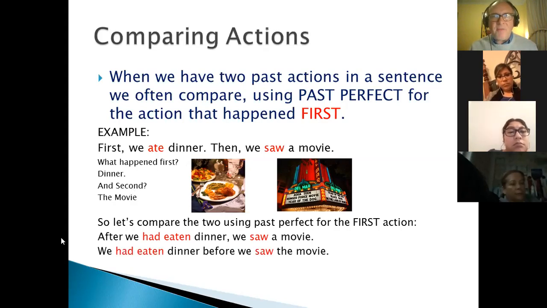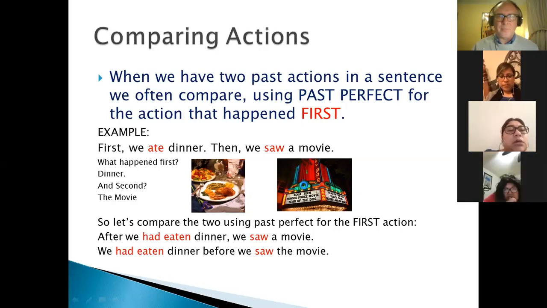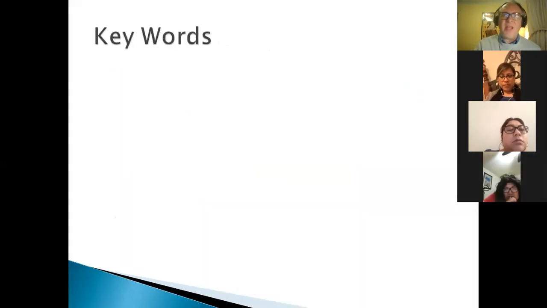So it doesn't matter if you use after or before, the verb doesn't change. Past perfect for the dinner, simple past for the movie. Okay? Good. All right, let's look at some key words.